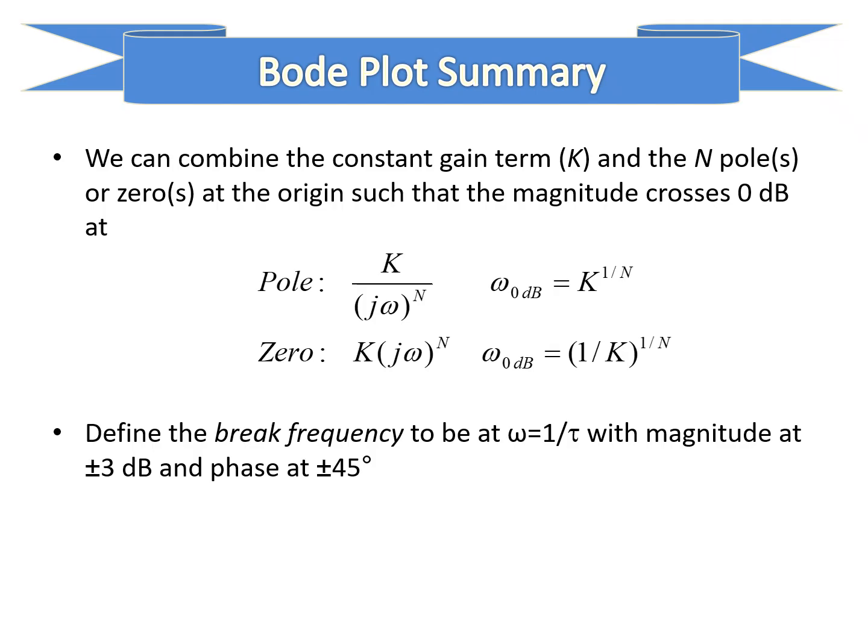For zeros, k (j omega)^n, omega at 0 dB is equal to 1 per k to the power 1 per n. Define the break frequency to be at omega equal to 1 per tau, with magnitude at plus minus 3 dB and phase at plus minus 45 degrees.